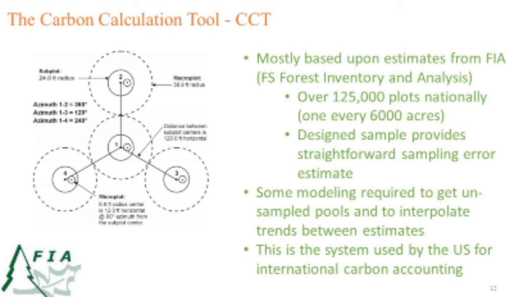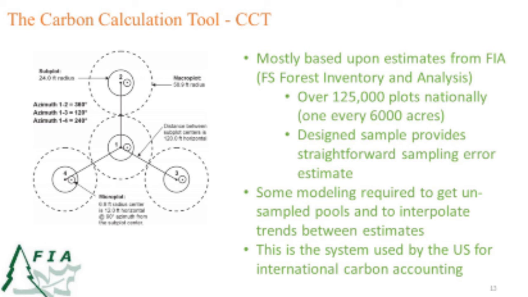There is a little bit of modeling required to go from FIA to CCT, and that modeling is related to figuring out how much carbon is in pools that we don't necessarily sample at that intensity. For instance, how much carbon is in the roots. We definitely don't dig up every tree we measure, so there's a little bit of modeling involved in there.